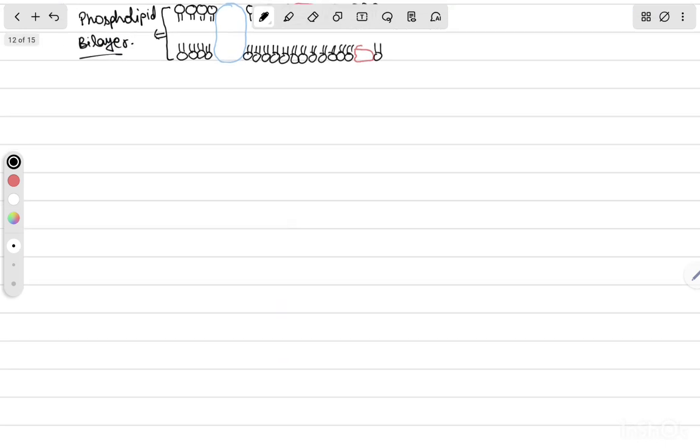So, the first component of the plasma membrane is phospholipid, or we can say lipid. Phospholipid is the main component of the membrane.